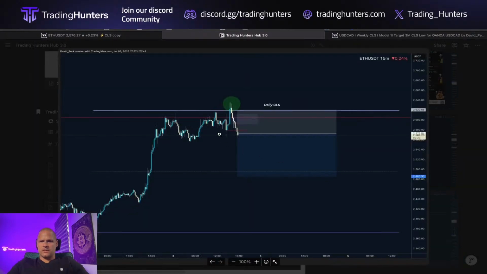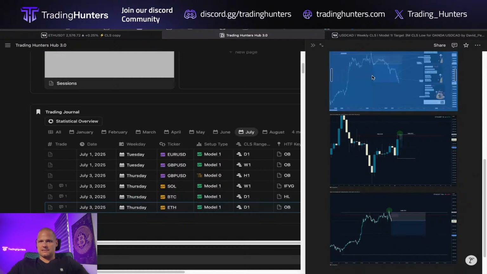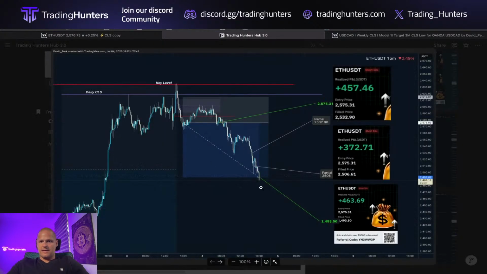Here is the entry, last up candles, then candles close below it. I put my stop loss above here because it should be safe in here, and then price targeting 50%, and that's where I get out.